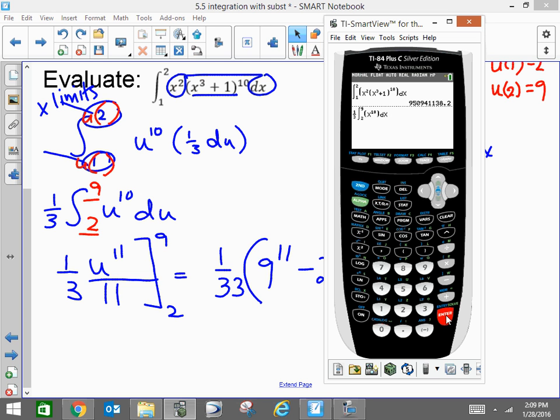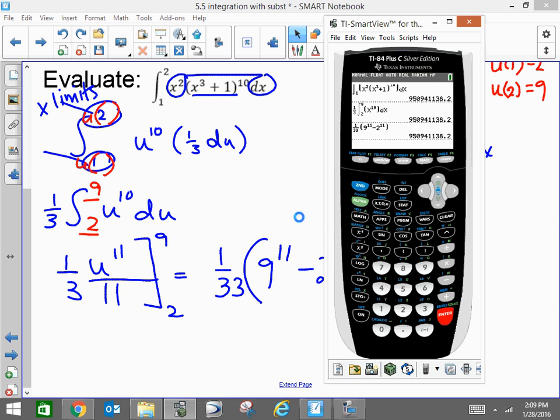We should get the same answer. If you want to really make sure you have it, 1/33, (9 to the 11th, oops, I forgot my parentheses, minus 2 to the 11th). There it is again.